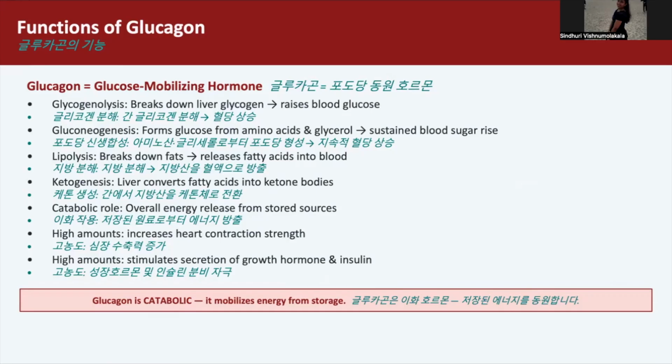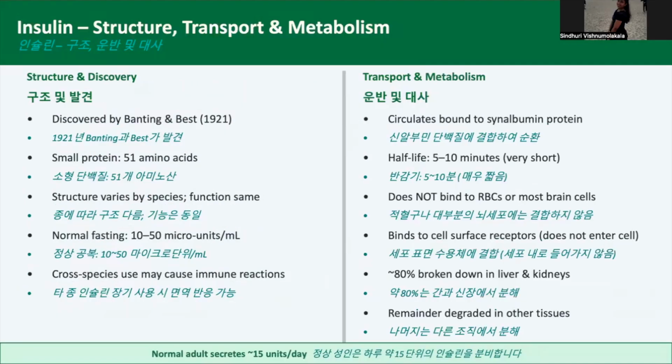It mobilizes energy from storage and releases energy for the use of the body. Then comes insulin. It was first discovered by Banting and Best in 1921. It is a small protein consisting of 51 amino acids.